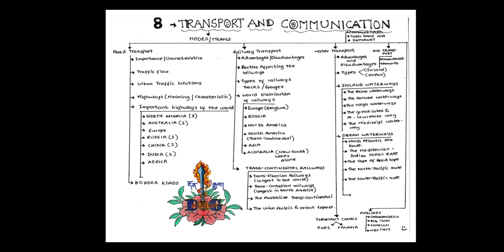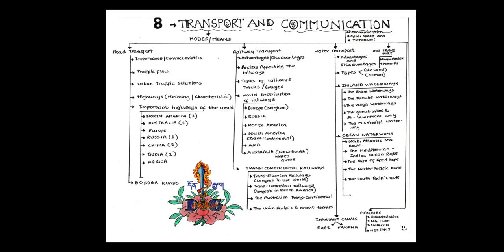If we look at chapter number 8, the main structure of this chapter is that we are going to discuss the means and modes of transportation one by one.